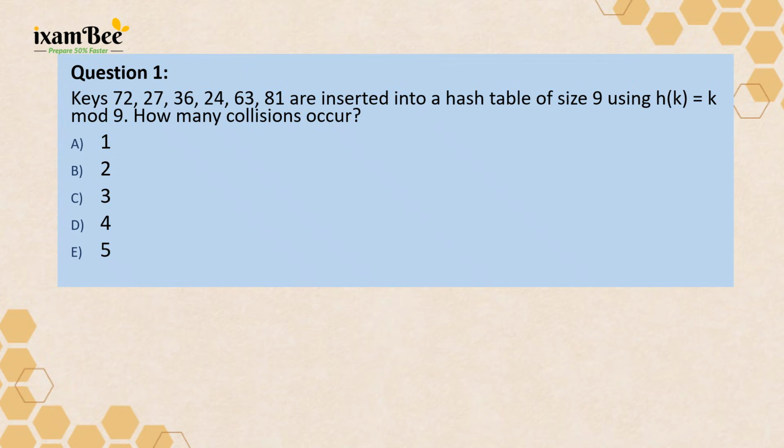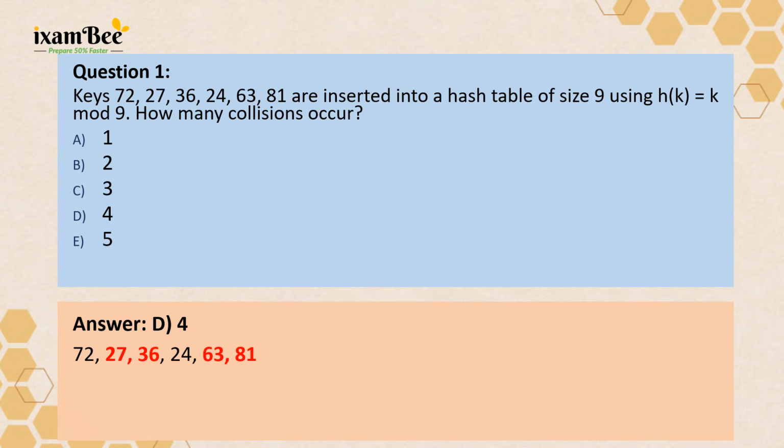There are certain keys that are given and they are inserted to the hash table of size 9 using the hash function k mod 9. You have to say how many collisions have occurred during the insertions of these keys into the hash table. The answer here is D, which is 4 collisions.